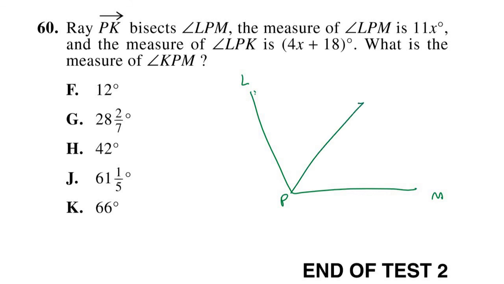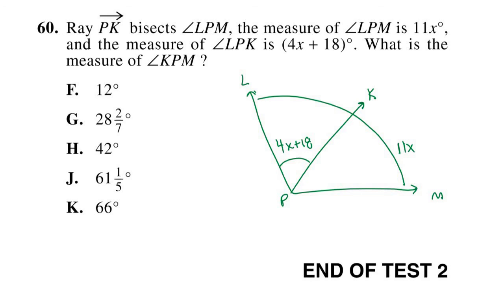And PK bisects that. So right down the middle. The measure of LPM, so this full angle, is 11x. The measure of LPK, so this right here, is equal to 4x plus 18.